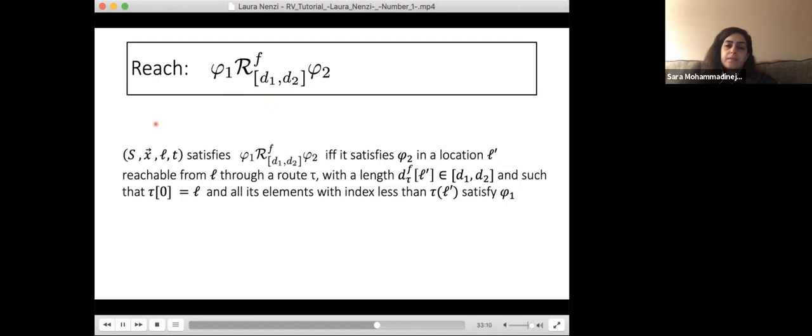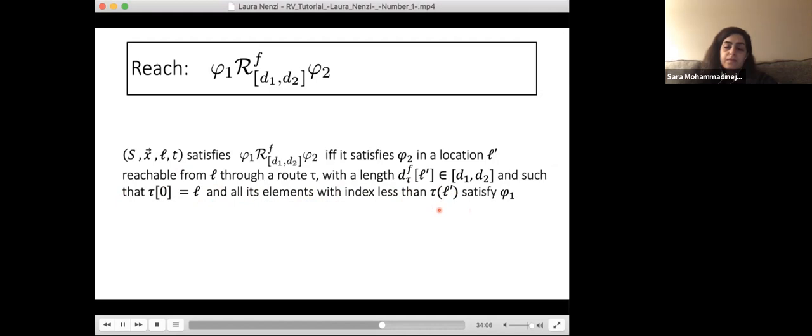A bit more formally, considering a spatial system S and a spatio-temporal trajectory X, we say that the system in location L at time t satisfies the reachability property if and only if it satisfies phi2 in a location L prime that is reachable from the location L through a route with a length that belongs to d1, d2. We consider the route from L to L prime, and all its elements with index less than tau L prime satisfy phi1.